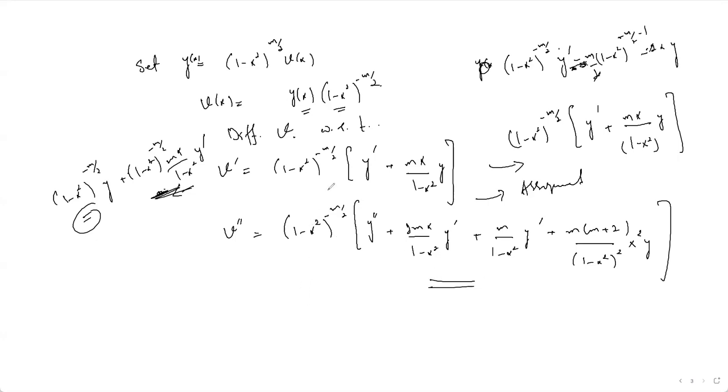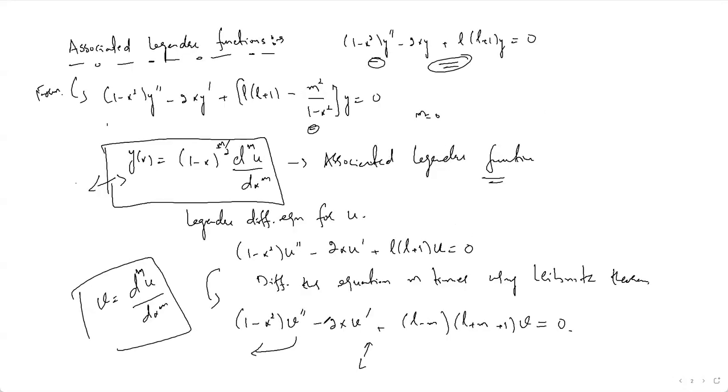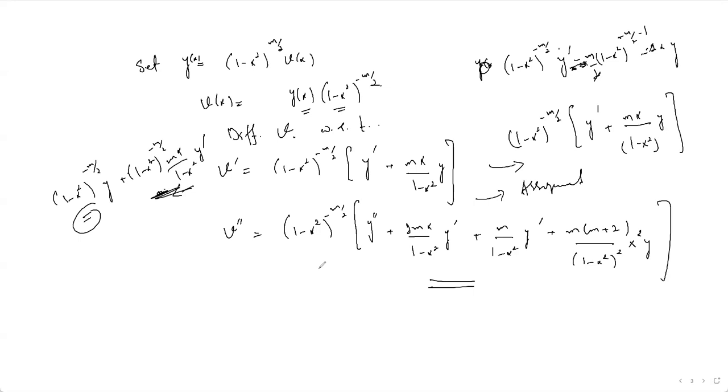Now when we substitute all this v and v prime, v double prime, in the equation we found just now, the equation for v, you will get a Legendre differential equation.